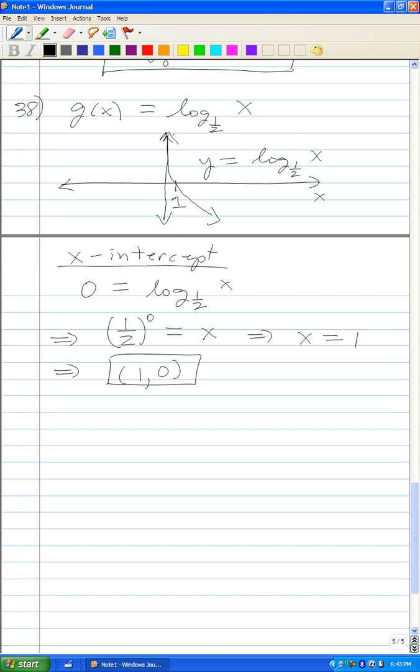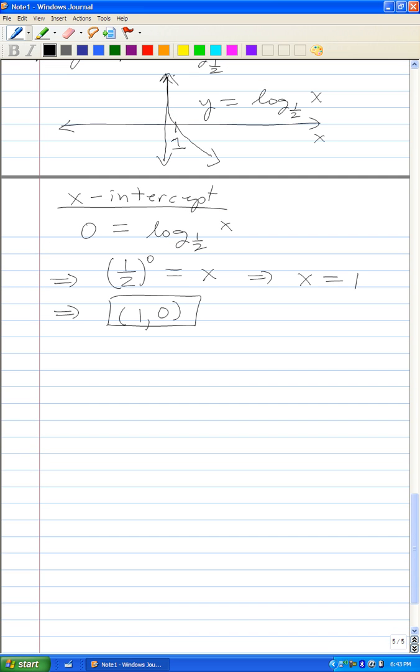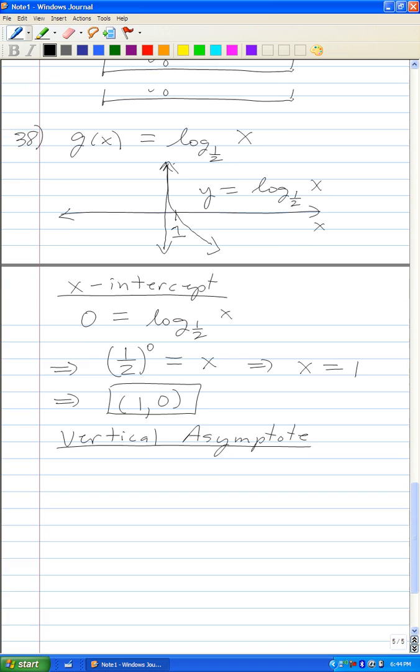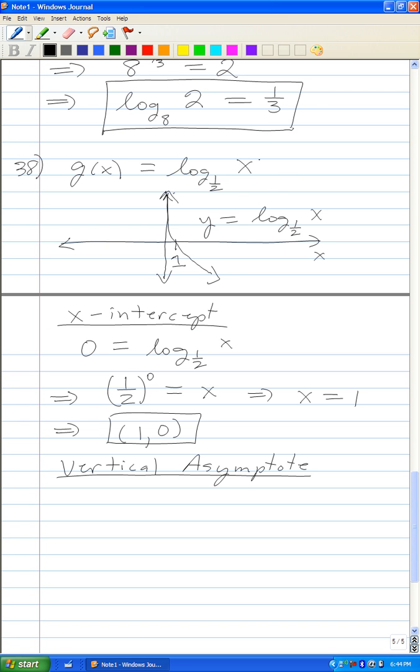Let's find the vertical asymptote. So the vertical asymptote occurs when this logarithm is undefined.